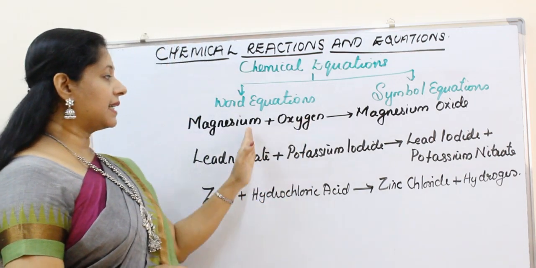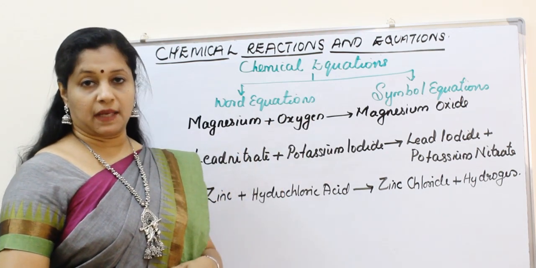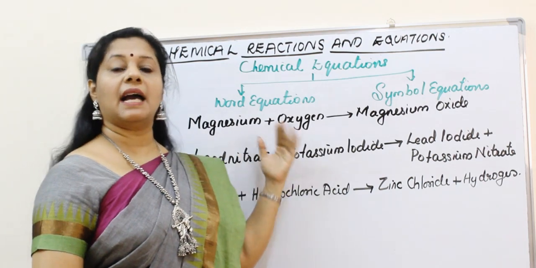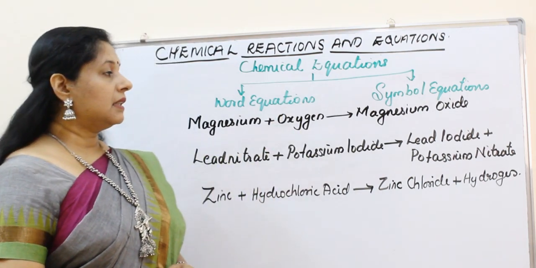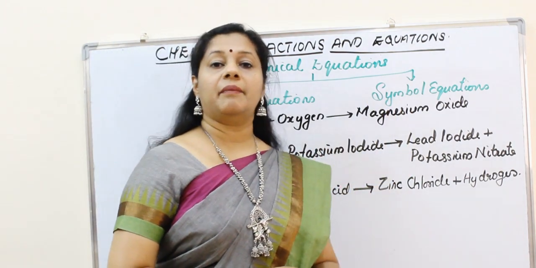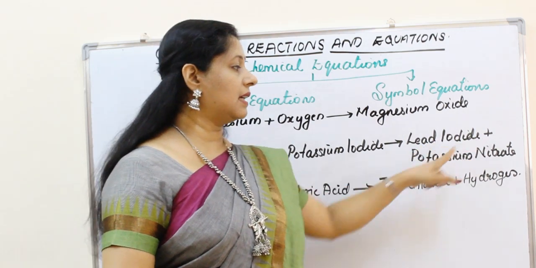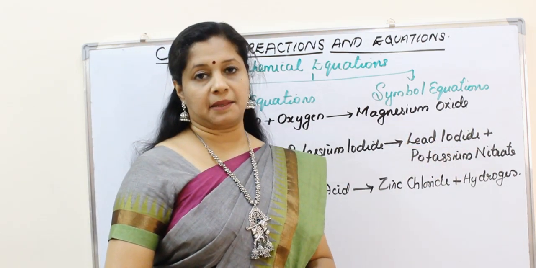We write reactants on the left hand side, LHS, with a plus sign in between them. If more than one is there, we add them by a plus sign. And whatever we get, we write on the right hand side; they are the products. Products also, if more than one are there, we connect them using a plus sign.